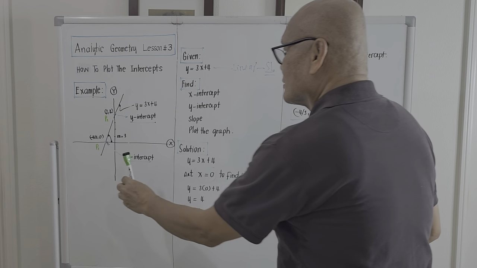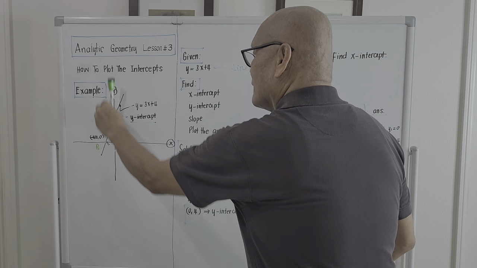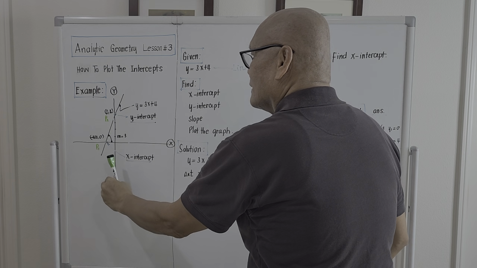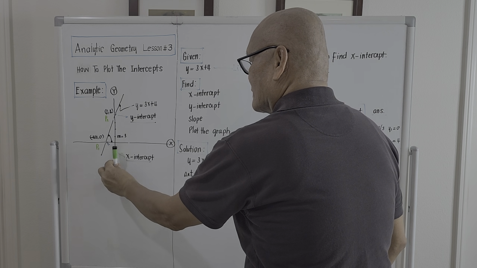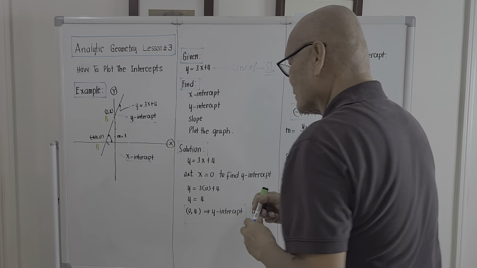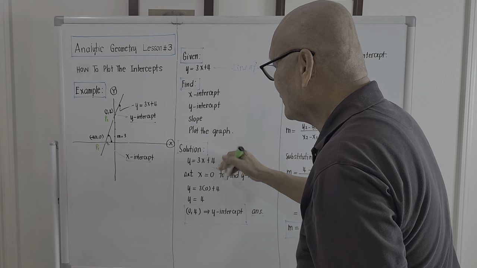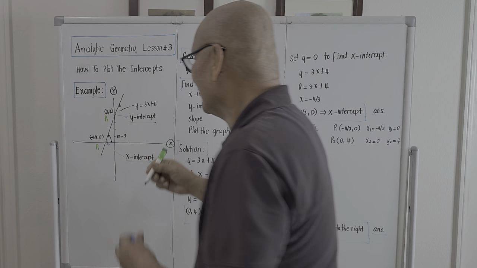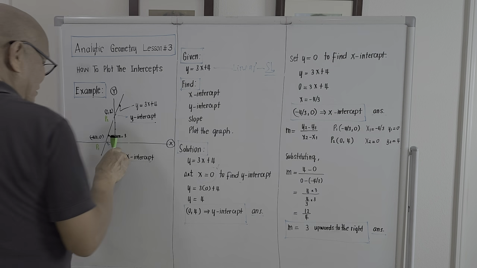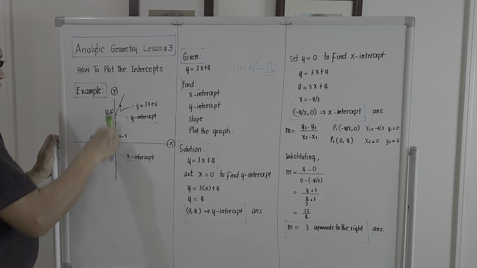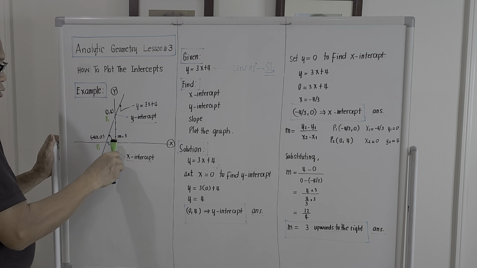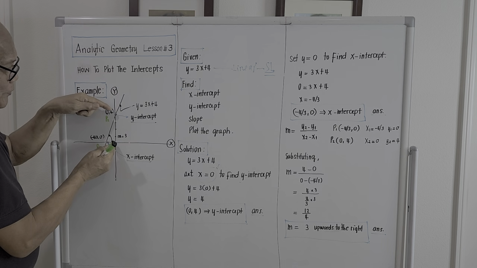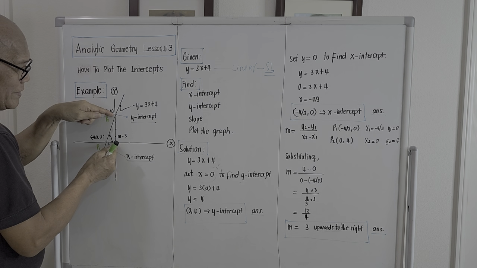Because at the location of the y-intercept, the vertical axis, the abscissa is equal to 0. It is not to the right, it is not to the left, so the value of the abscissa at this vertical axis is x equal to 0. So when we set x equal to 0, we could compute for the corresponding value of y.